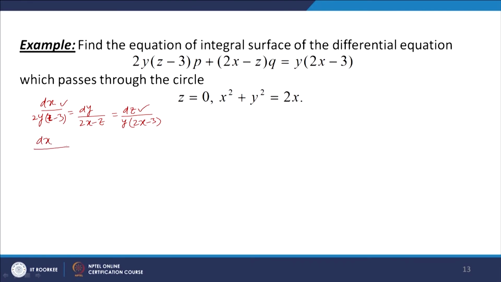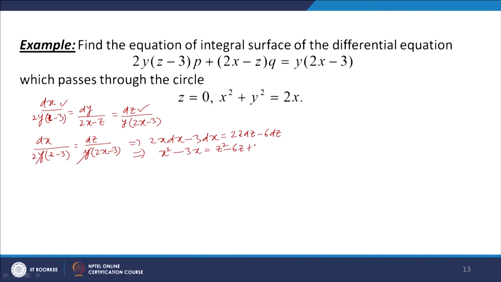So, the y will cancel with y and we shall get 2x dx minus 3 dx equal to 2z dz minus 6 dz, which gives us on integration x square minus 3x, then z square minus 6z plus a constant C1.